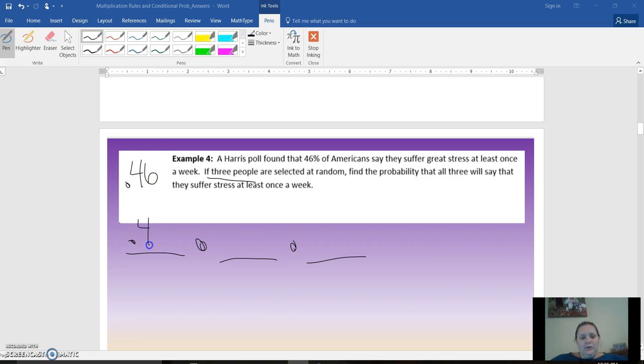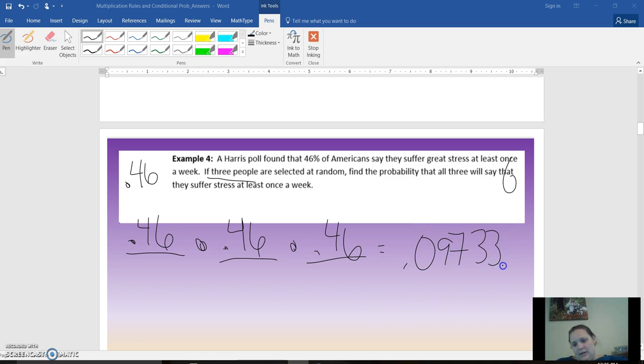So we have 0.46 times 0.46 times 0.46. I'm going to stick that in my calculator, and I get 0.097336. This was a percent, so I need to change that to a percent, and I get 9.7%.